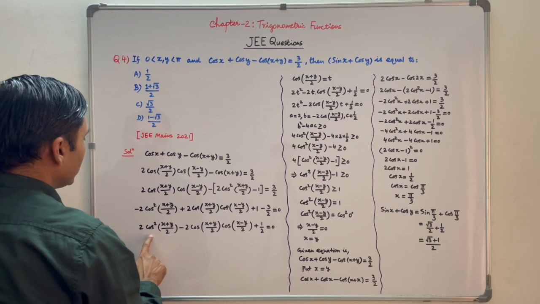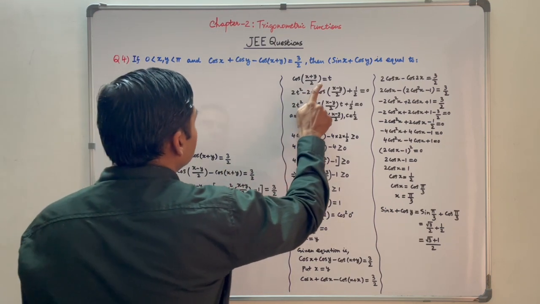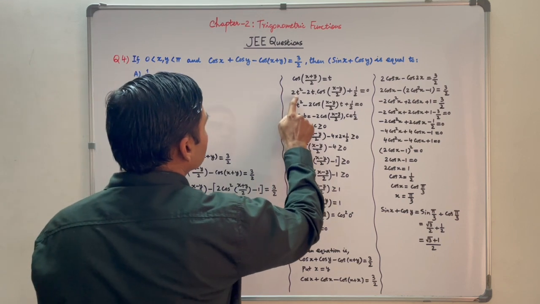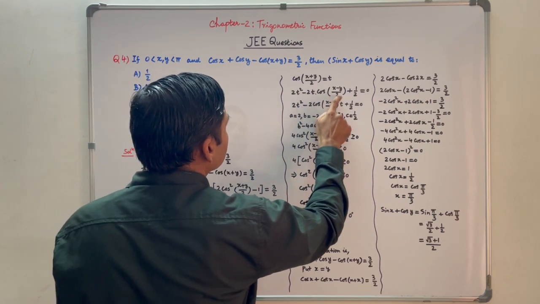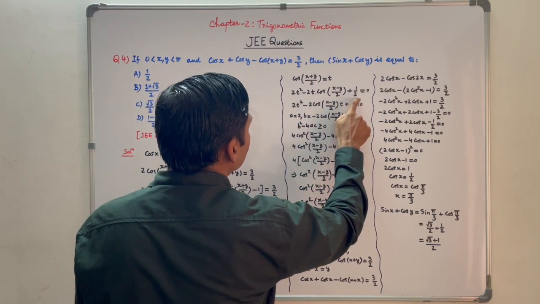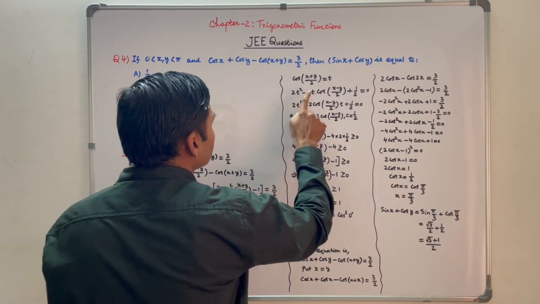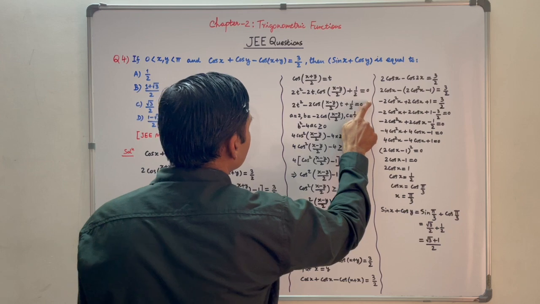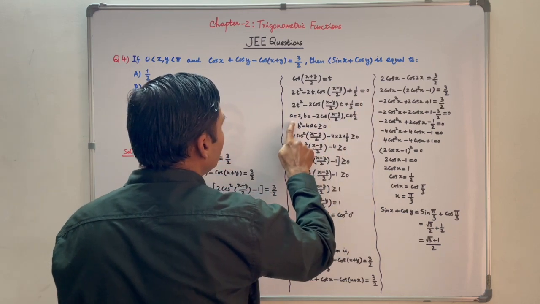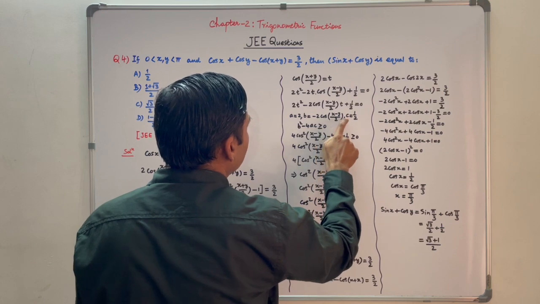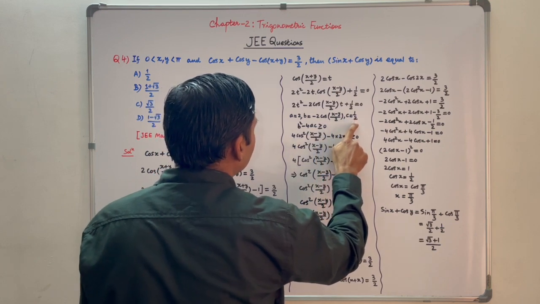So it becomes a quadratic equation in cos ((x plus y) by 2). Now put cos ((x plus y) by 2) equal to t. So the equation becomes 2t square minus 2t cos ((x minus y) by 2) plus 1 by 2 is equal to 0. Now compare it with ax square plus bx plus c is equal to 0. So a is equal to 2, b is equal to minus 2 cos ((x minus y) by 2), and c is equal to 1 by 2.